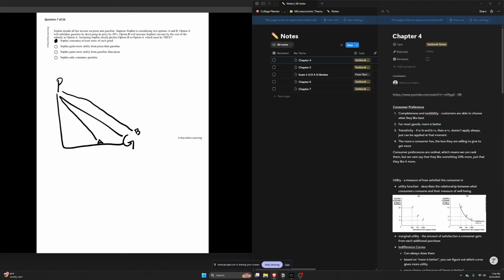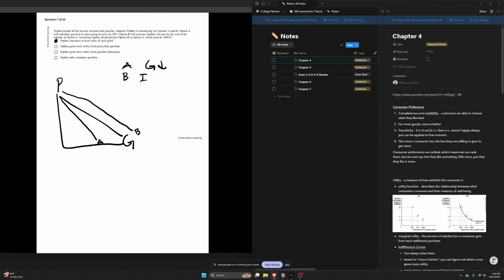Sophia spends all of her income on pizza and gasoline. Suppose Sophia is considering two options, A and B. Option A will subsidize gasoline by decreasing its price by 50%. So we're decreasing the price of one good, which is gasoline. So gasoline goes down. This is A. Option B will increase Sophia's income.